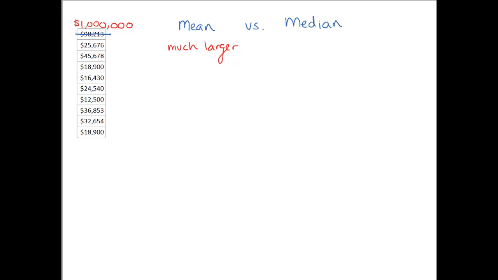If these numbers are in order, our median is still going to be halfway in between the two middle numbers, just like it was before. So changing that largest number to 1 million keeps the median the same. So what this means is that the mean is sensitive to changes in high and low values, whereas the median is not.